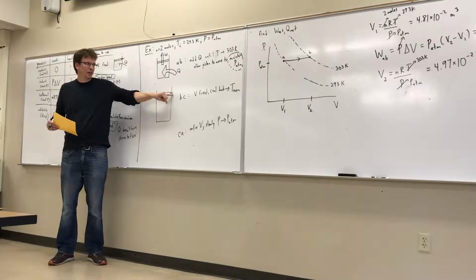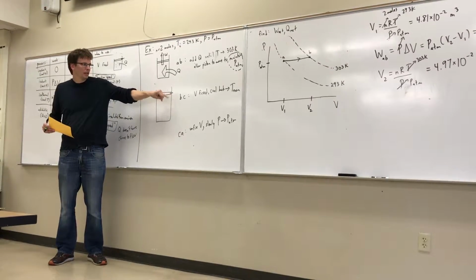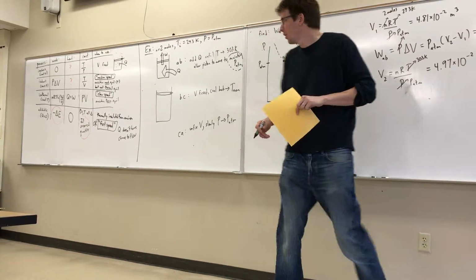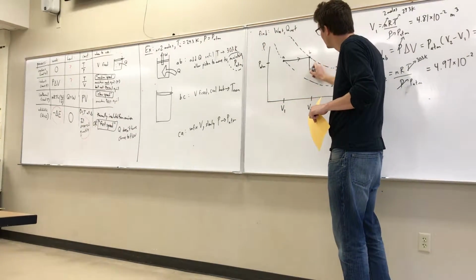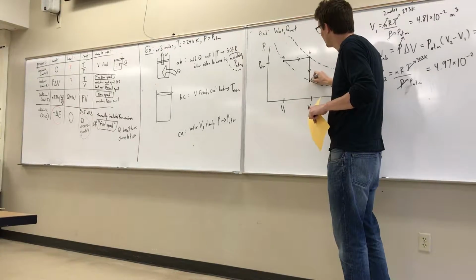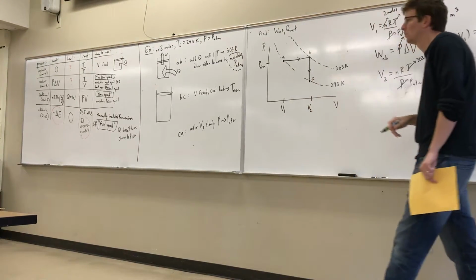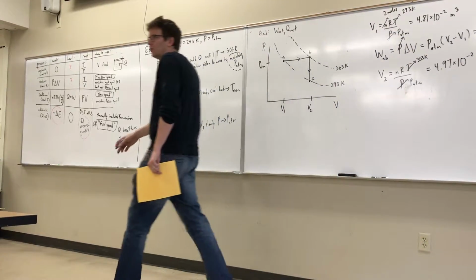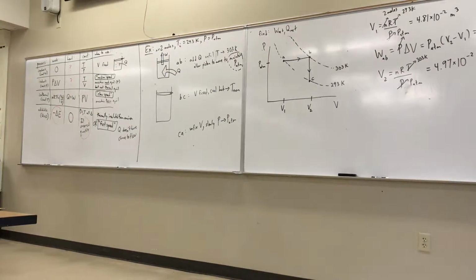Now we put a pin in the piston, so the volume can't change, but we're letting it cool back down to the original temperature. So that looks like this. This is an isochoric process. So I'm moving vertically, so there's no area under the curve.